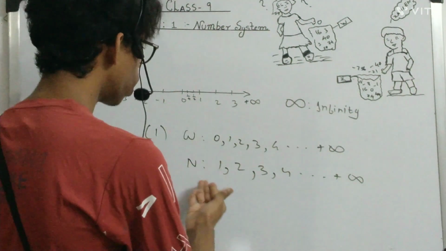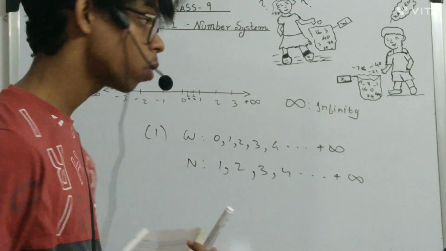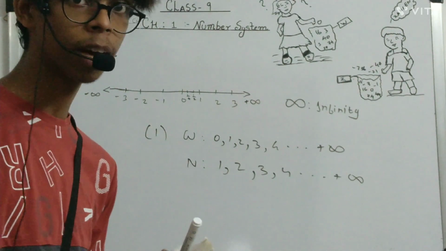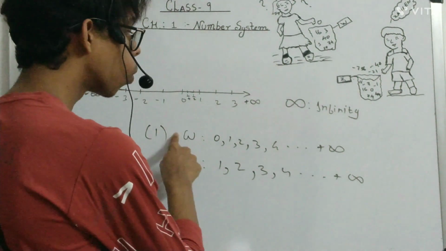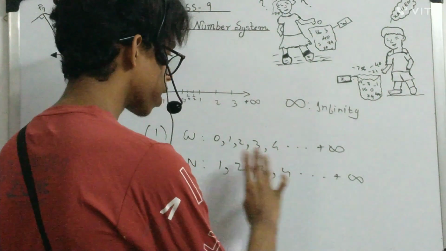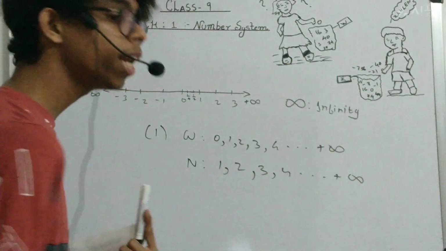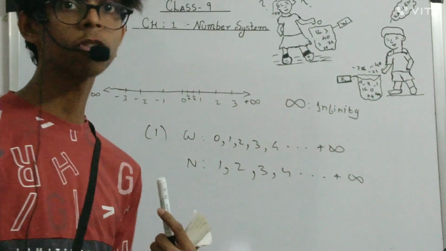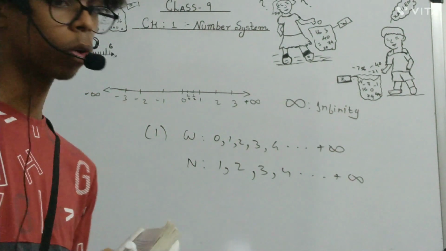So how can every whole number be a natural number? Because natural numbers do not have a 0. So definitely every whole number cannot be a natural number. But if I ask you the reverse, is every natural number a whole number? Definitely yes, because 1, 2, 3, 4, etc. are also present over here. So every natural number is a whole number, but every whole number is not a natural number because natural numbers do not consist of 0.